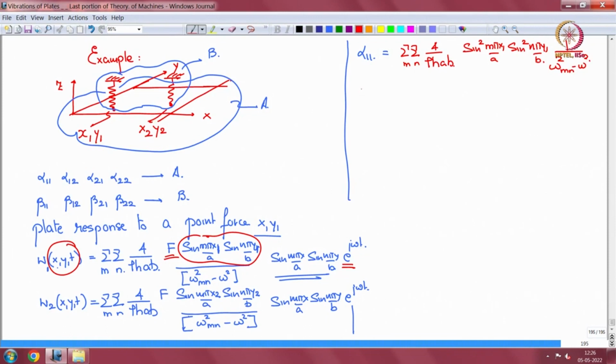Then what is alpha 21, response at 2 with a force at 1? Okay, then this becomes x2 y2, right.